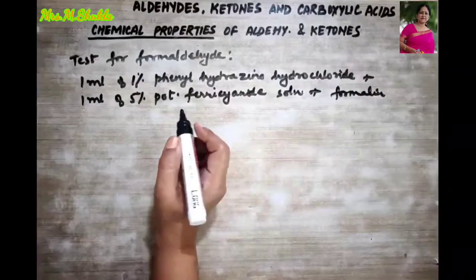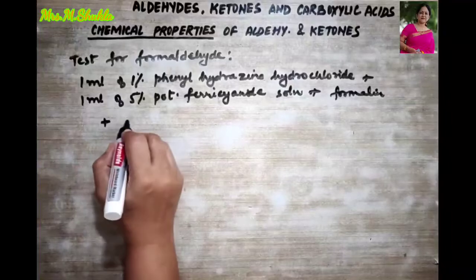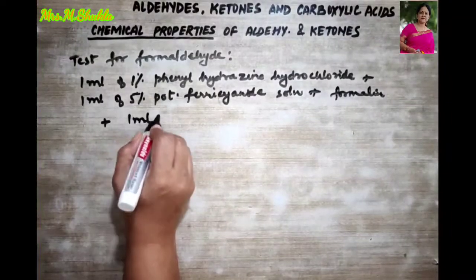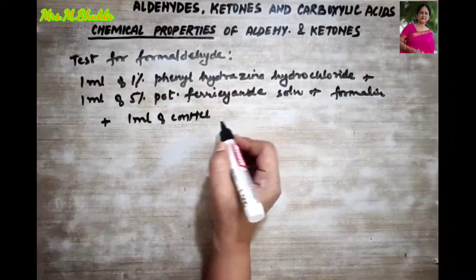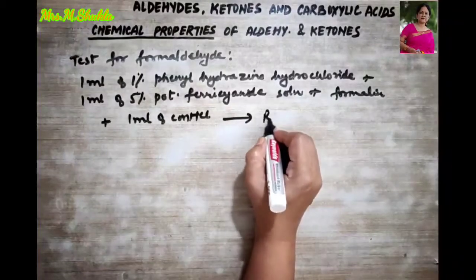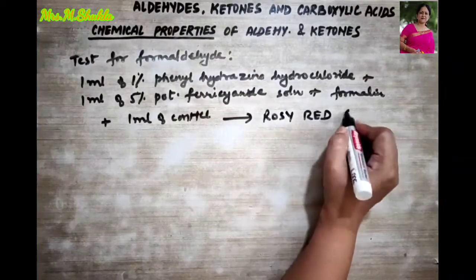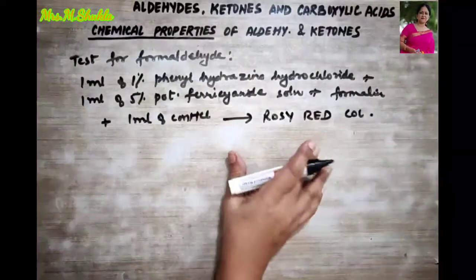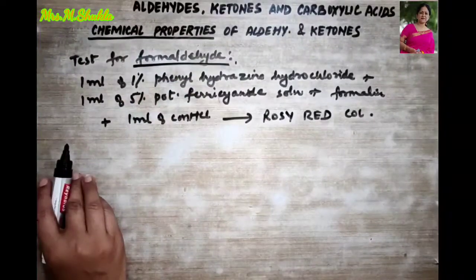So what do we get? When this is acidified by adding 1 ml of concentrated HCl, we get a rosy red color, right? So this confirms the test for formaldehyde.